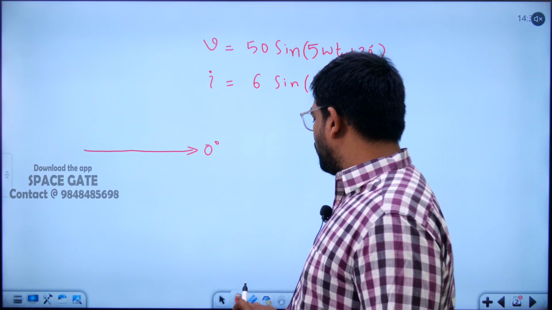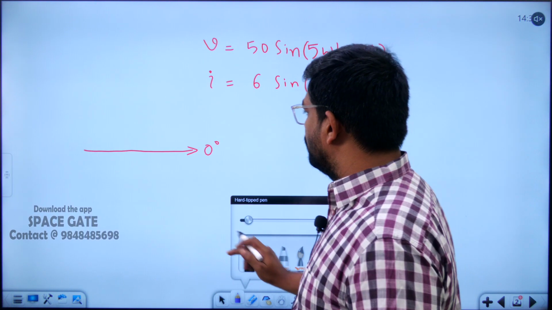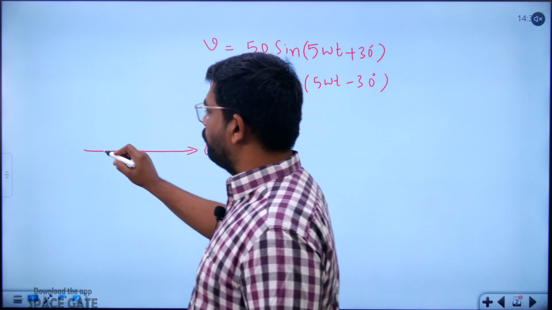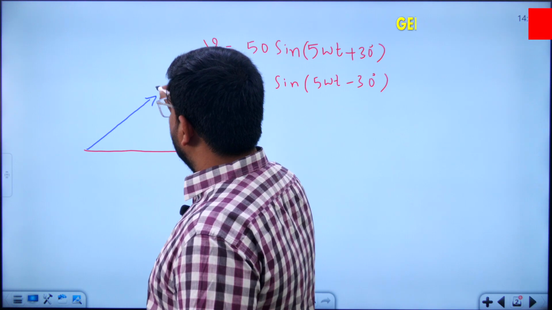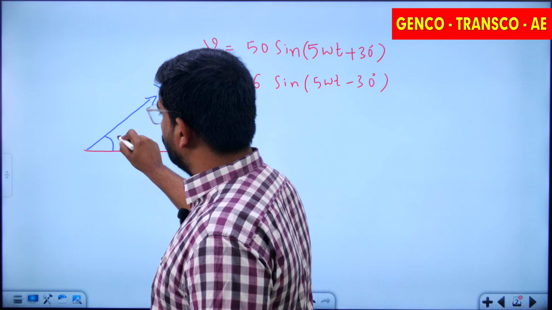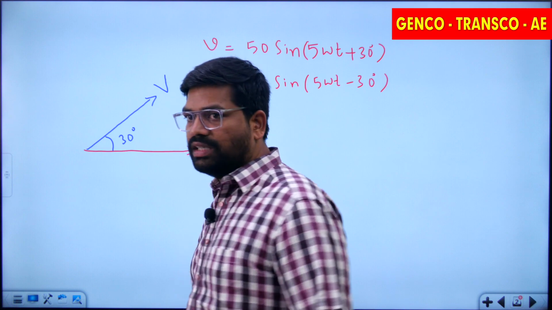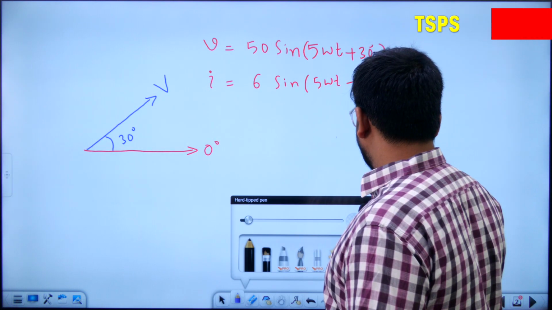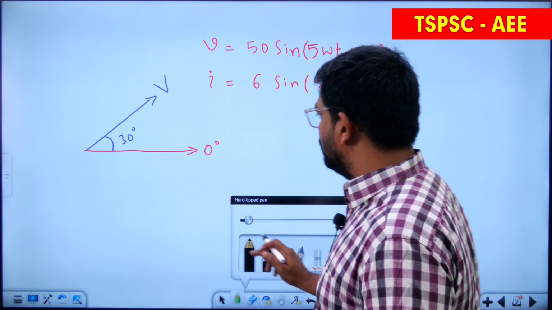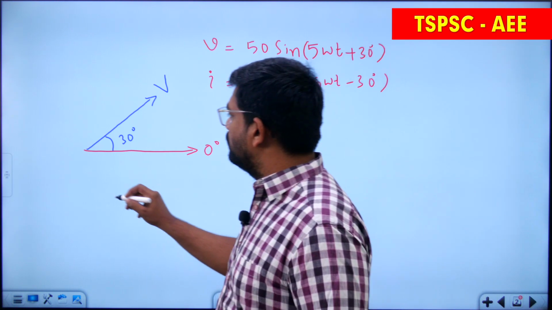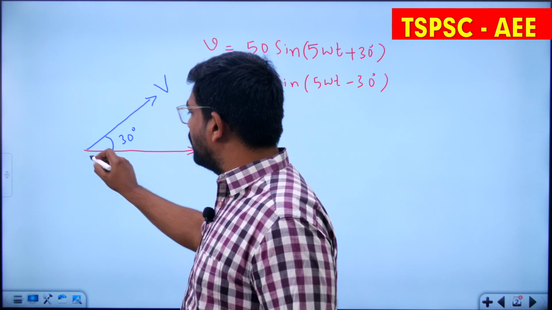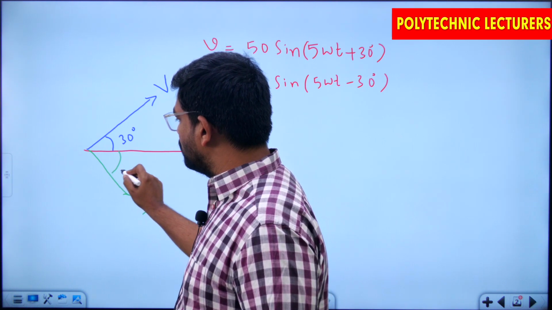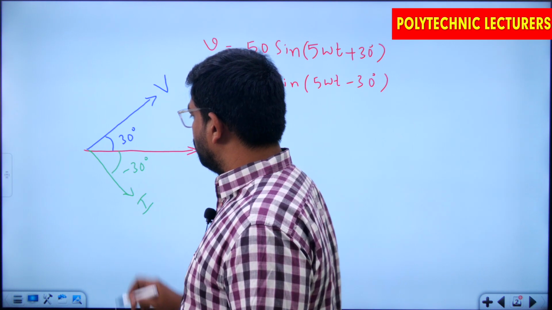How is voltage represented here? The voltage has plus 30 degrees, which means I will follow the anti-clockwise direction when I have a positive phase angle, that is 30 degrees, right or not? Next, the current has minus 30, which means I should go in the clockwise direction, indicating minus 30.